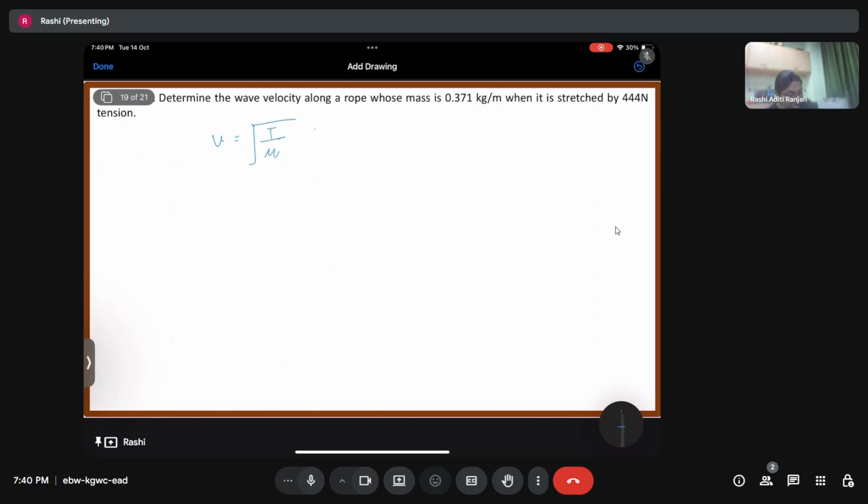where T is the tension in the rope, and mu is the mass per unit length. So for this question, we already have the mass per unit length and we already know the tension.